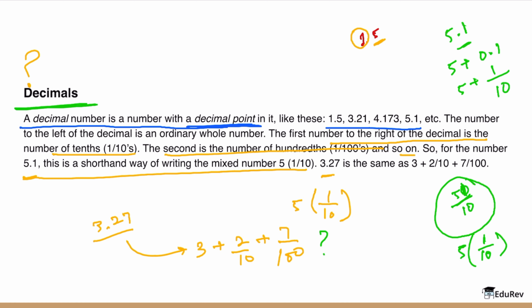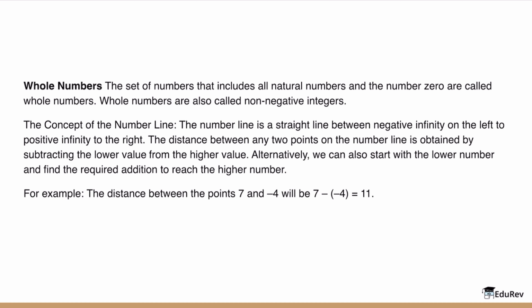Okay, moving forward, what do we have? We have whole numbers. I feel you know what whole numbers are. I've told you before, so let's quickly revise without further ado. What are whole numbers? The set of numbers that includes all the natural numbers and the number 0 are your whole numbers. Whole numbers are also called non-negative integers.